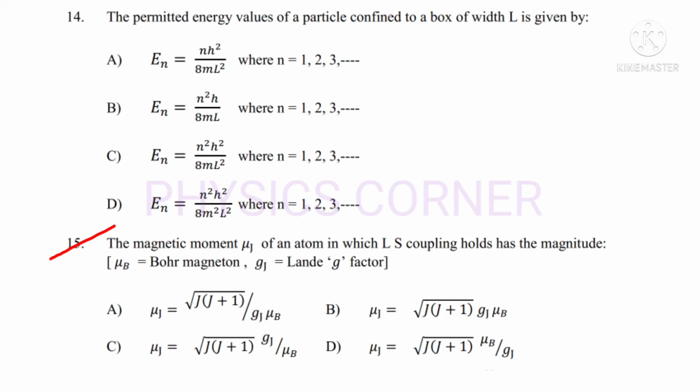It's given in option B, the correct equation, that is mu j is equal to square root of j into j plus 1 into Gj into mu b. It's quite a simple question, a direct one, right? So you can just refer to what LS coupling is. Okay, so option B.